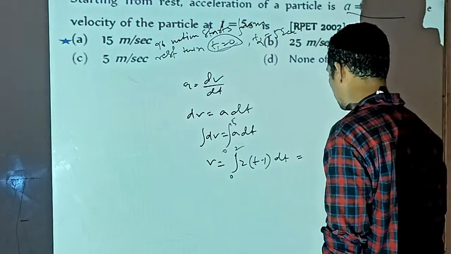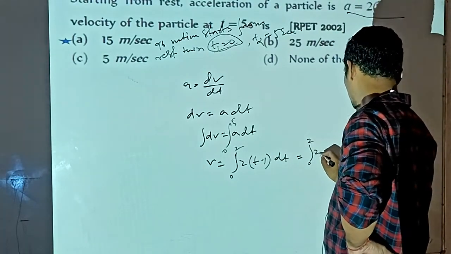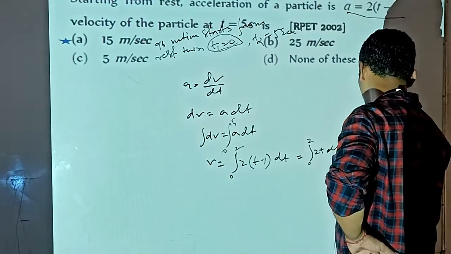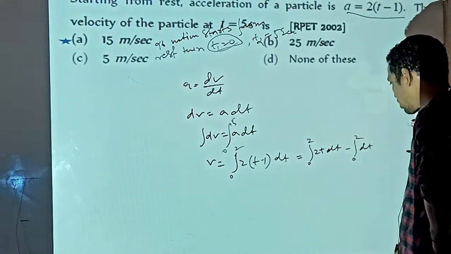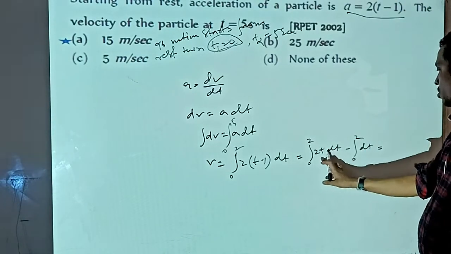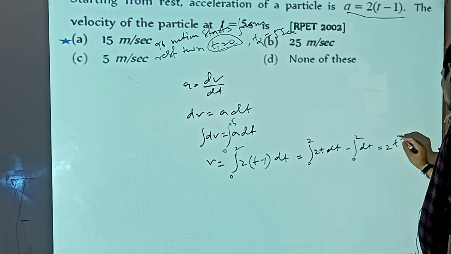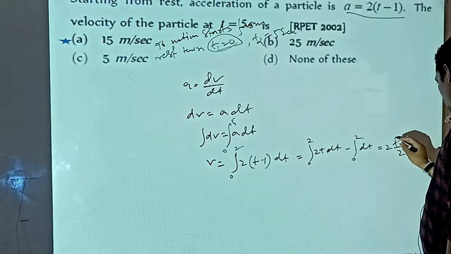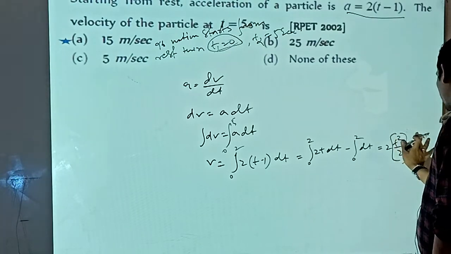So this gives you integration from 0 to 5 of 2t dt minus integration of 1 dt. Since 2 is constant, we take it out, that is 2 into t square by 2, with limit 0 to 5.